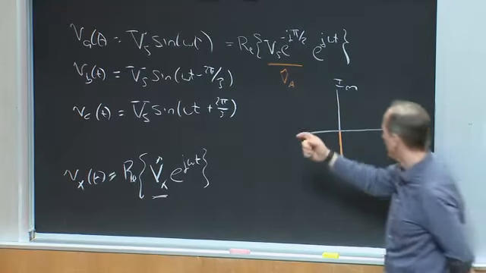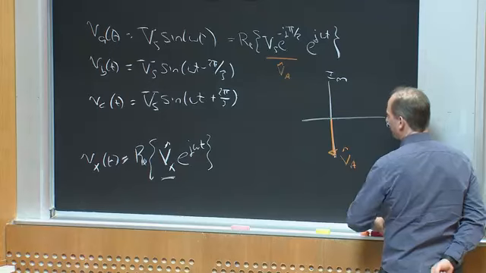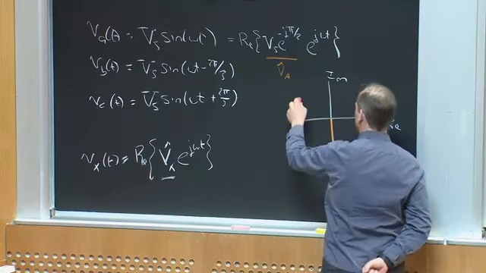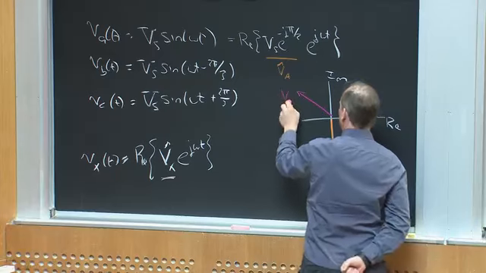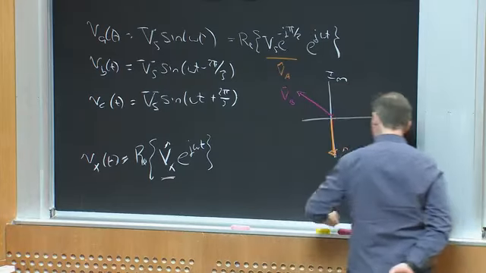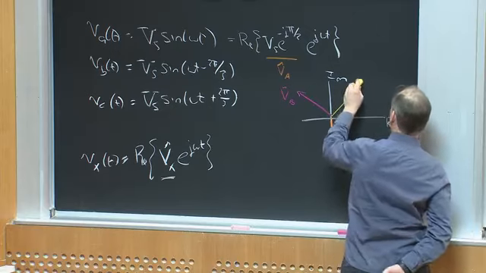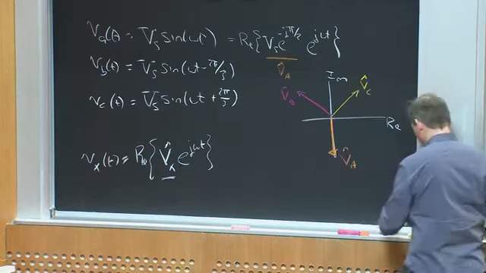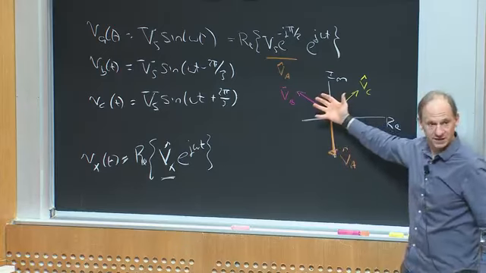And if this was VA hat, then I could have, say, VB hat would be here, and VC hat would be here, okay? And so that's sort of a snapshot of the magnitude and phase of each of these.